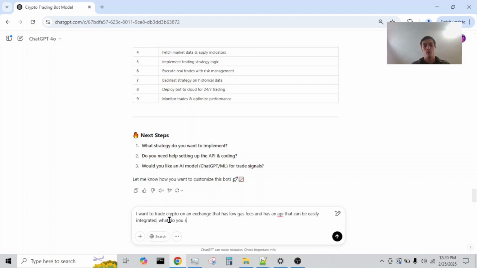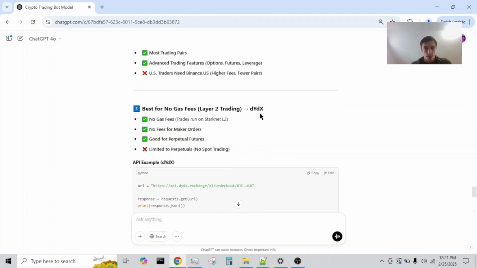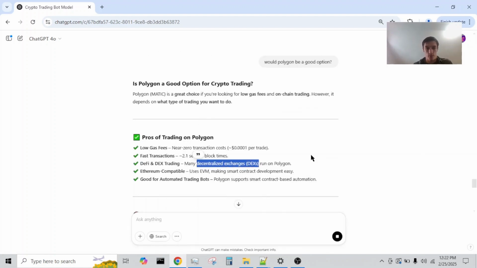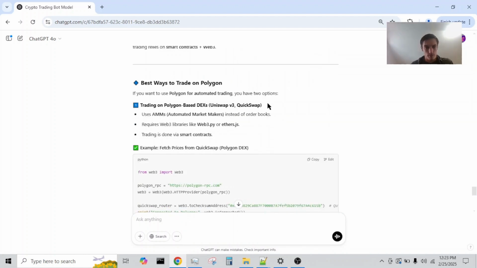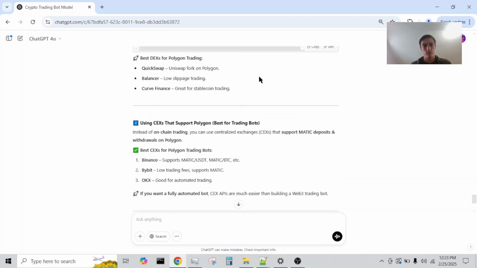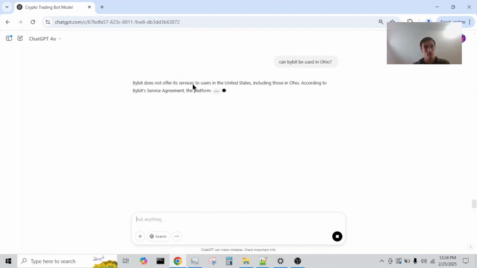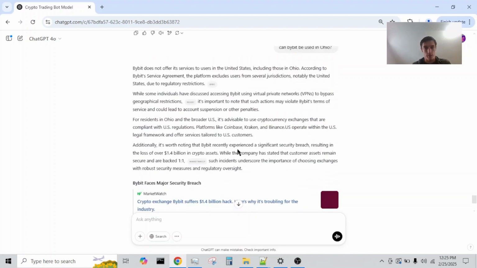What do you suggest? Back to trading bots that are good in the US.